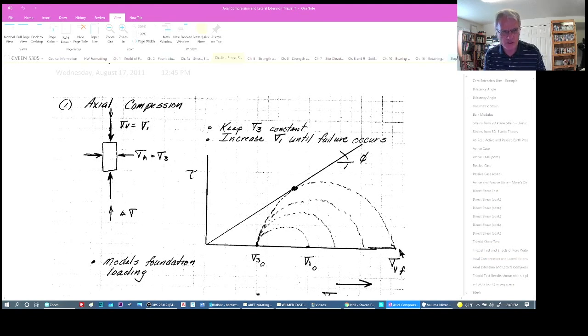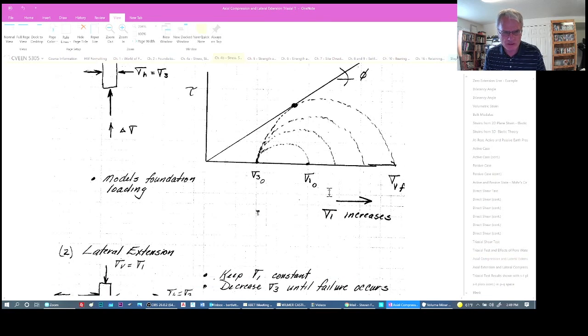Once we've reached the peak stress at failure, then we can connect a line going through 0, because this is only valid for sands or cohesionless material, sands and gravels. Then we can draw a line up through here and get the friction angle, phi.